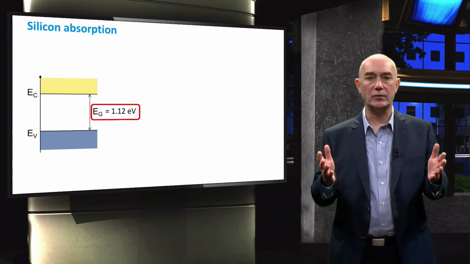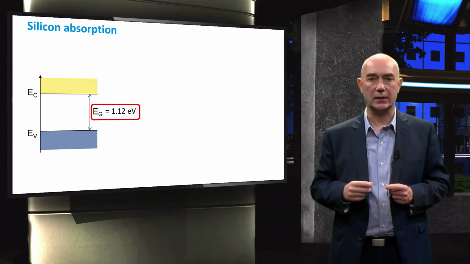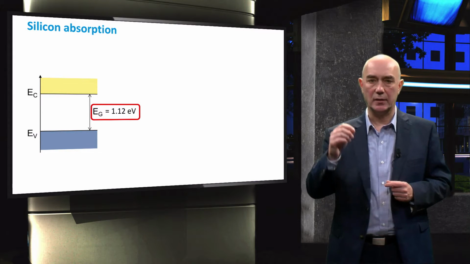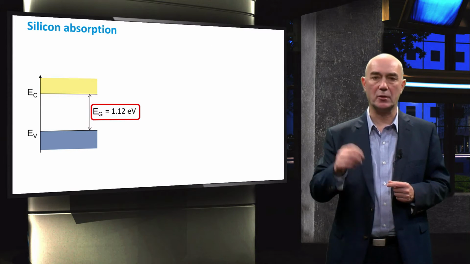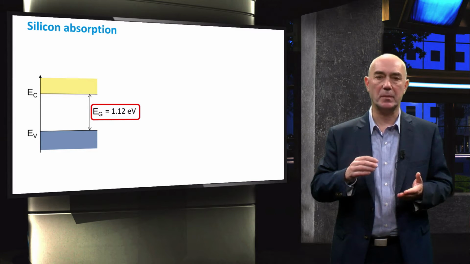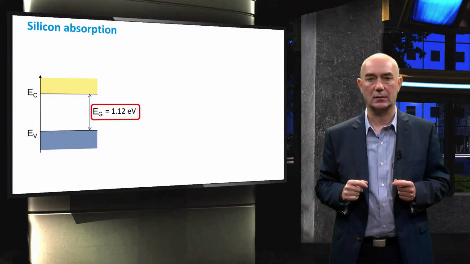The bandgap energy of crystalline silicon is equal to 1.12 electron volts. This is the minimum amount of energy required for a photon to be absorbed and excite an electron from an energy state in the valence band to an unoccupied energy state in the conduction band.